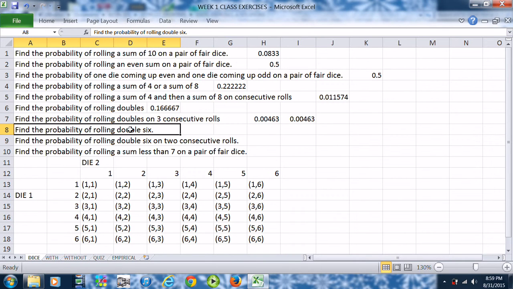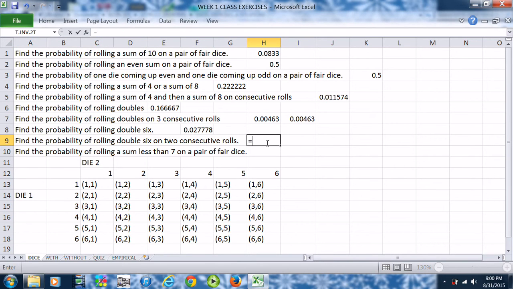How about the probability of rolling double 6? Well, of the 6 ways to get doubles, only one of them is a double 6, so we only have 1 out of the 36 possible outcomes is a double 6, so 0.02778. Now we want the probability of rolling double 6 on 2 consecutive rolls.